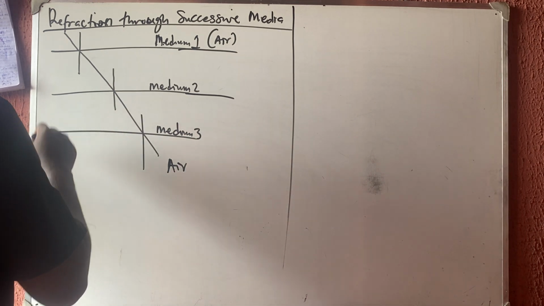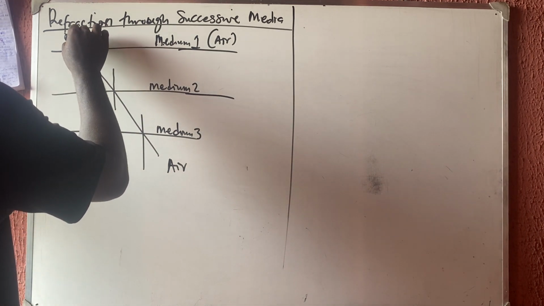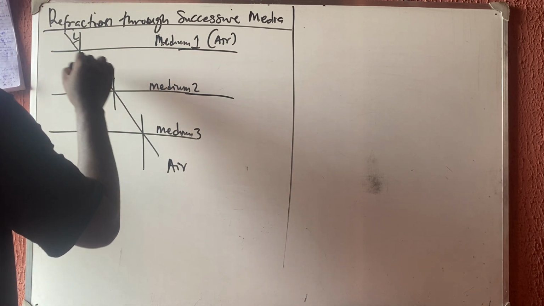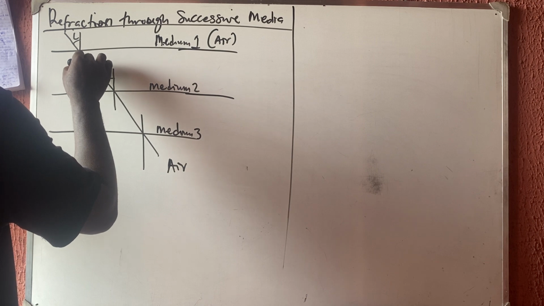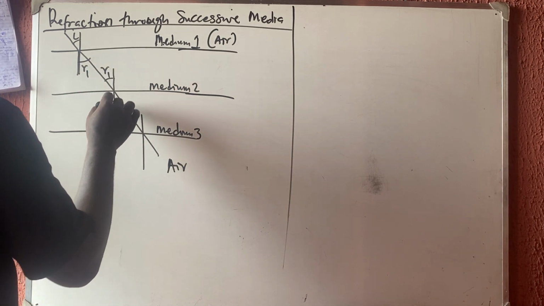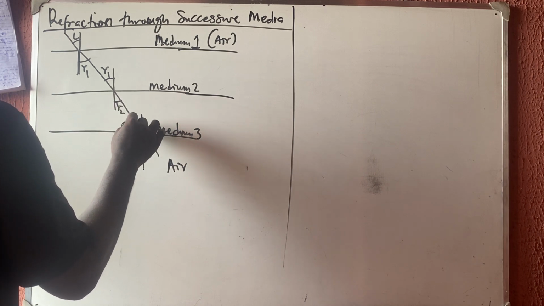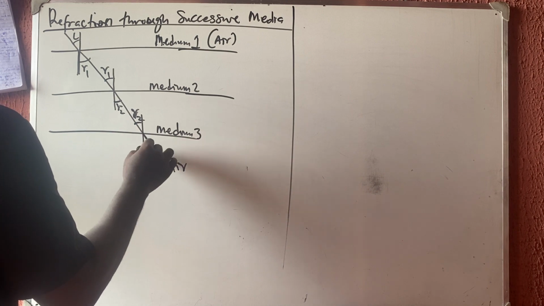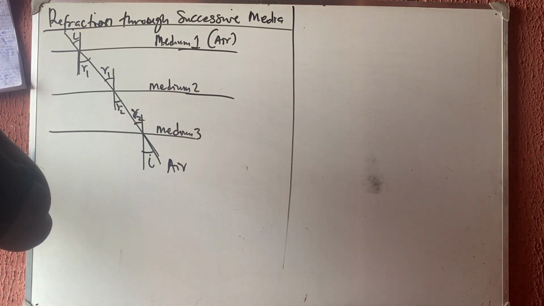Then I have that here is my I, and here is my R1, R1 that brought about R2, R2 that brought about our I again.